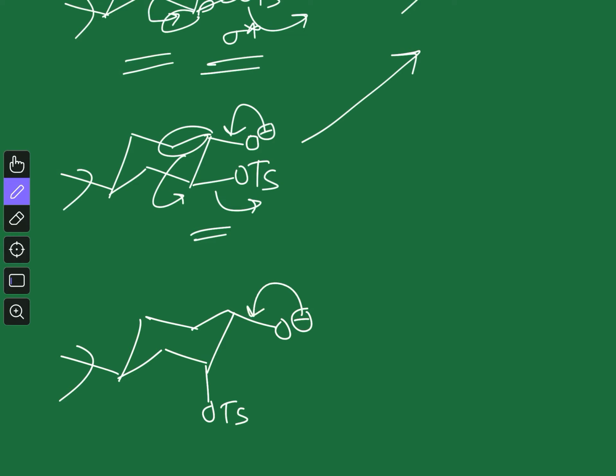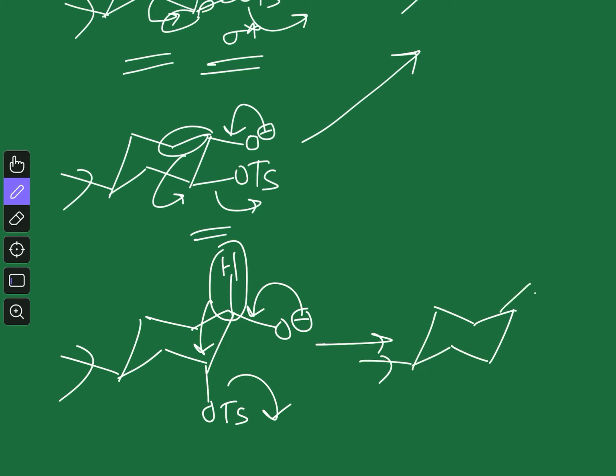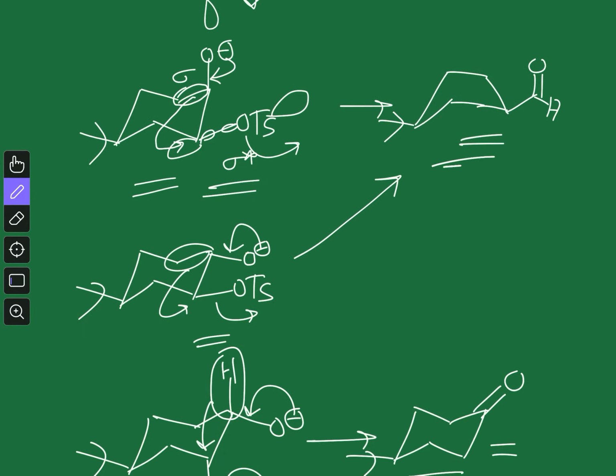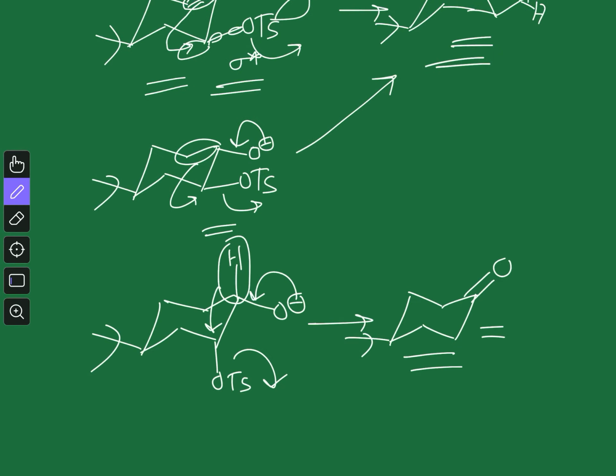Now in this case, when O minus pushes back, you can see this hydrogen is actually anti-parallel to this OTS. So with its bond electron, it can migrate over here to kick off this OTS, and that will give you this ketone over here, so cyclohexanone. So all these three products you can get, either cyclohexanone or this epoxide or this aldehyde. Now when the OTS is equatorial, you will get this aldehyde, and when the OTS is axial, depending on whether the OH group is equatorial or axial, you can either get epoxide or the ketone.